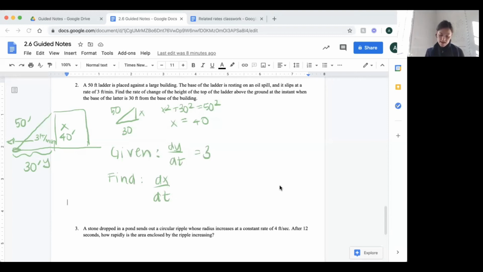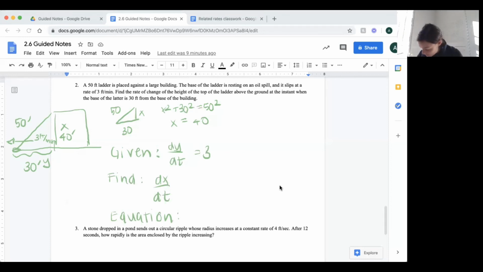Now I'm going to figure out which equation. This one's a little tricky, but it makes more sense if I look at my picture. I can see I have a right triangle, and I can think to myself, what equation do I know that relates sides of right triangles? Pythagorean theorem.